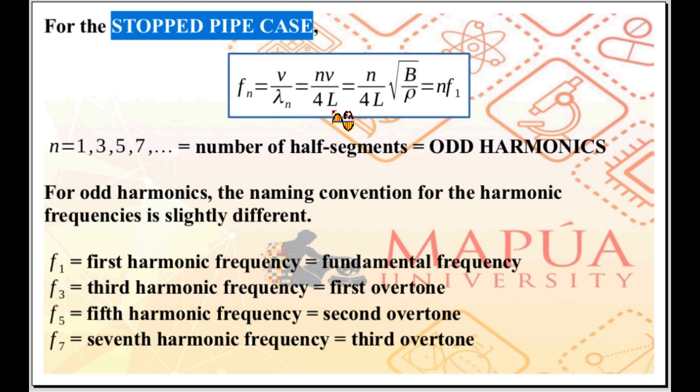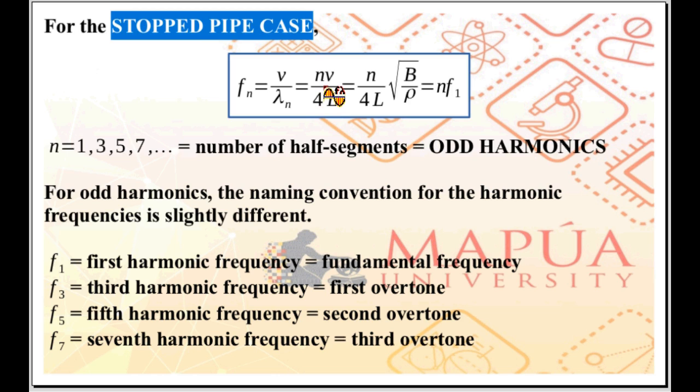L is the length of the stopped pipe, and v is speed of sound in fluid, so it's still equal to square root of bulk modulus over volume density. Thus, Fn is equal to n over 4L times square root of bulk modulus divided by volume density. And nv over 4L may be written down as nf1.